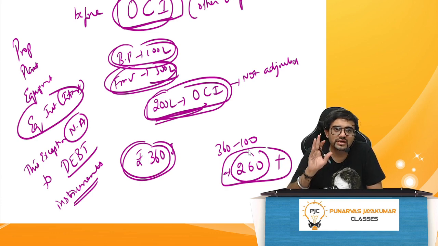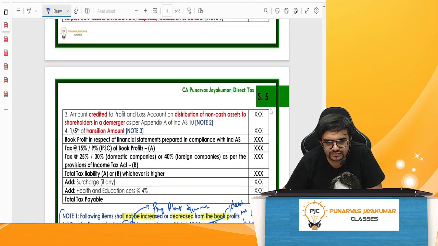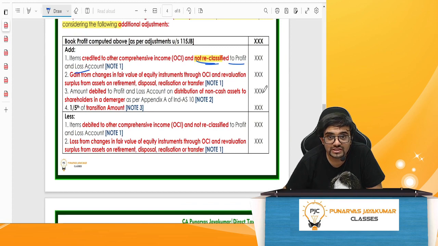So just remember, guys, items which are credited to the comprehensive income account, OCI, but are not reclassified to P&L account, I have to add back. For example, if I sell a debt instrument, book value 100, but FMV, I'm bringing it into the book, so FMV is 300. That extra 200 I need to add back.